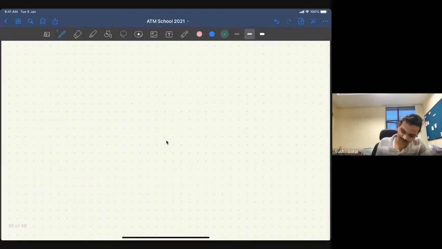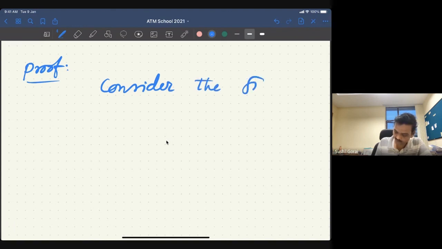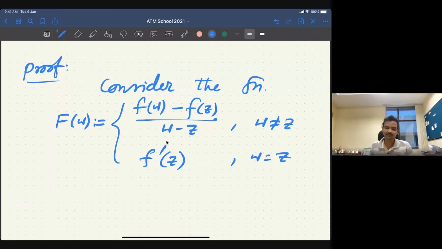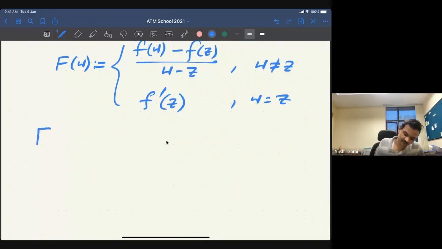We'll use a theorem proved earlier. Proof: consider the function F(w) defined as (f(w) minus f(z)) by (w minus z) for w not equal to z, and f'(z) for w equal to z, right? So capital F is continuous, but you don't know whether it is holomorphic.